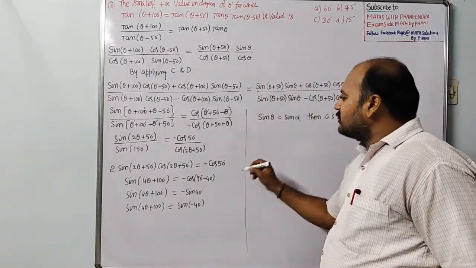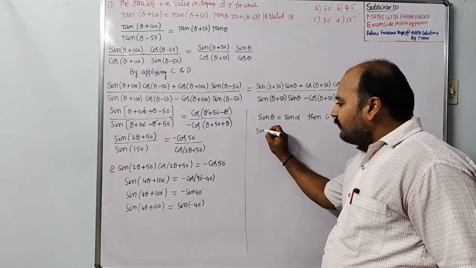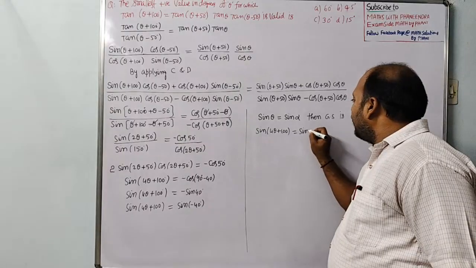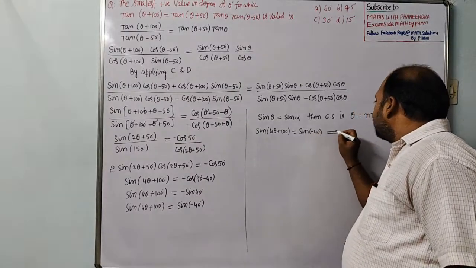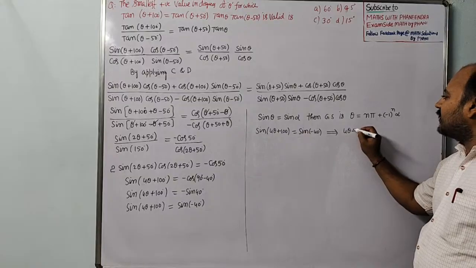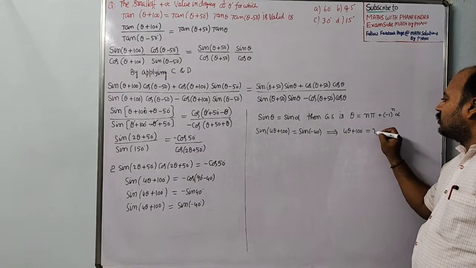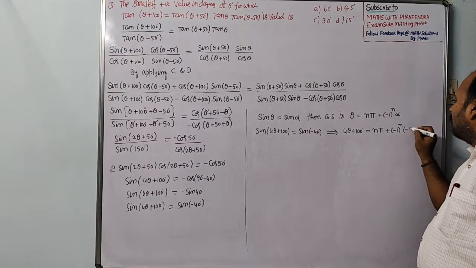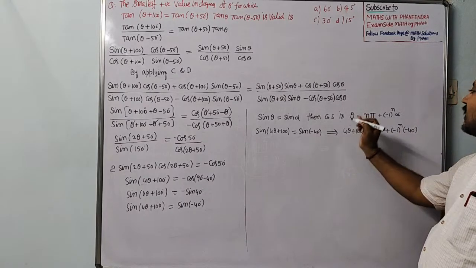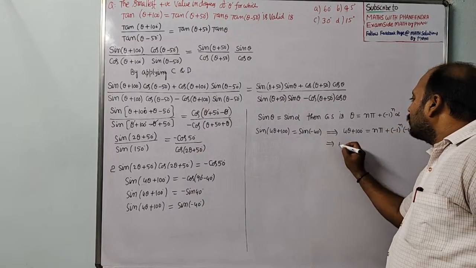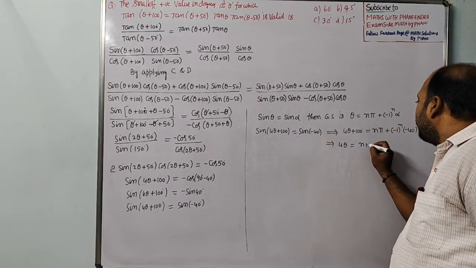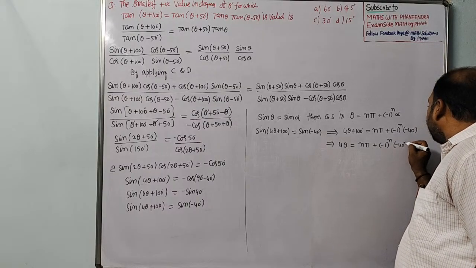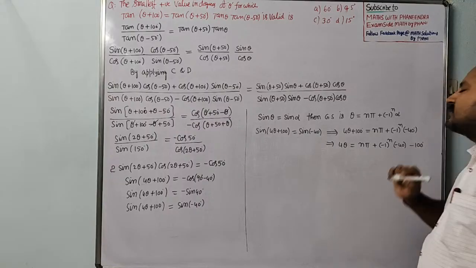Here also it is the same situation: sin(4 theta plus 100) is equal to sin(minus 40). That implies 4 theta plus 100 is equal to n pi plus minus 1 whole power n into minus 40. So this 100 I will bring to this side. So 4 theta is equal to n pi plus minus 1 whole power n times minus 40, minus 100 degrees.